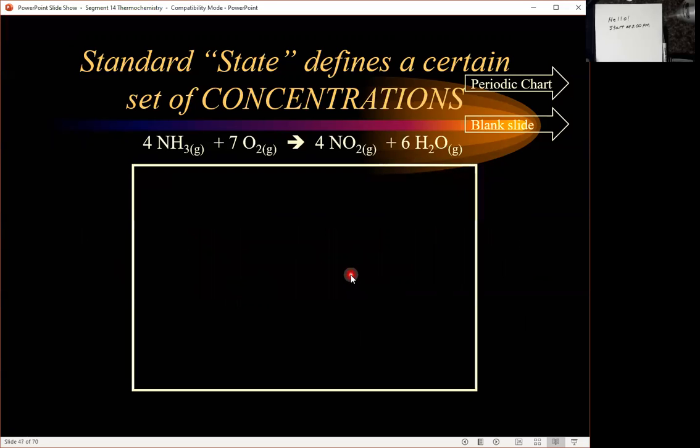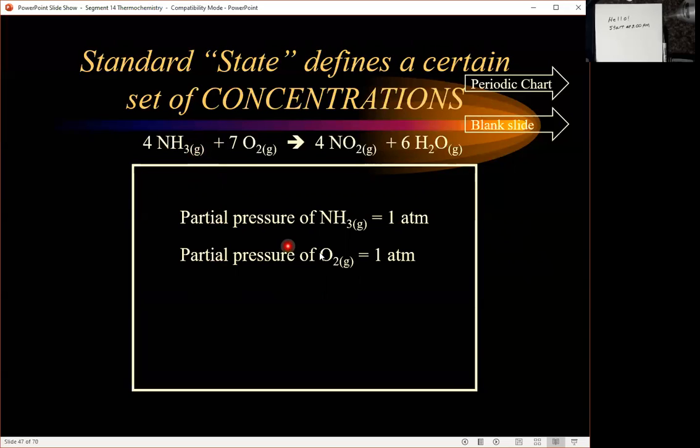Now, I want to show you what we're talking about, a standard state. And perk up. If you're getting a little sleepy, wake yourself up right now. This is important. What does the standard state look like? It's got to have 1 atmosphere partial pressure of ammonia. That's the standard state for ammonia. It's got to have 1 atmosphere partial pressure of oxygen in it.